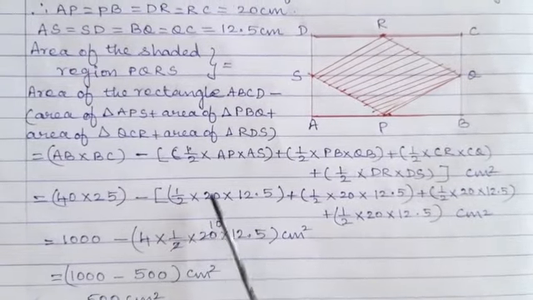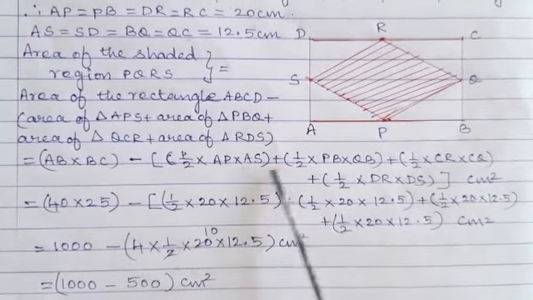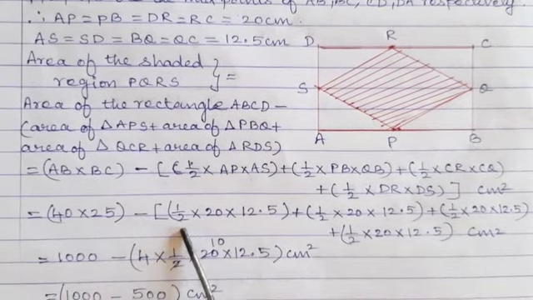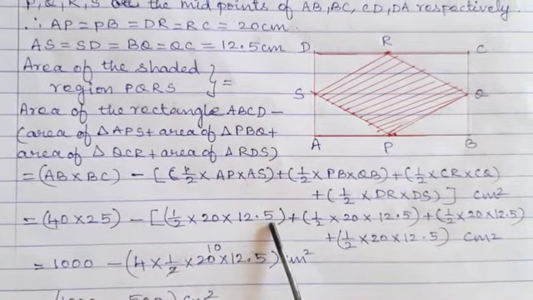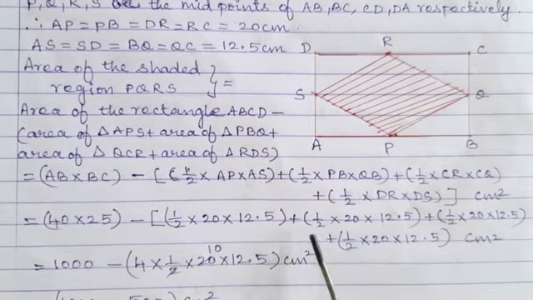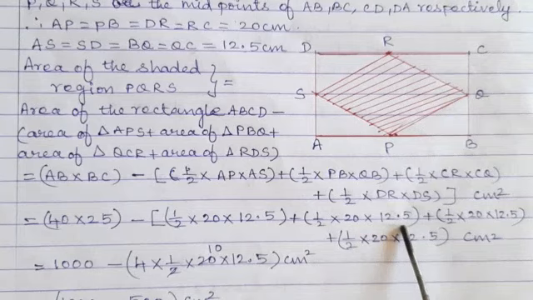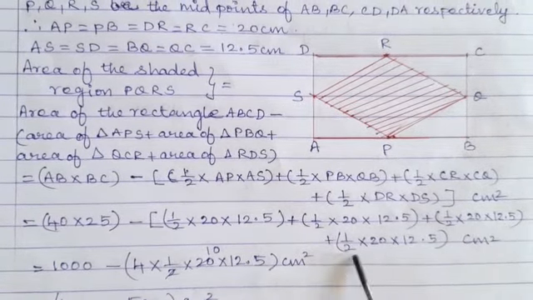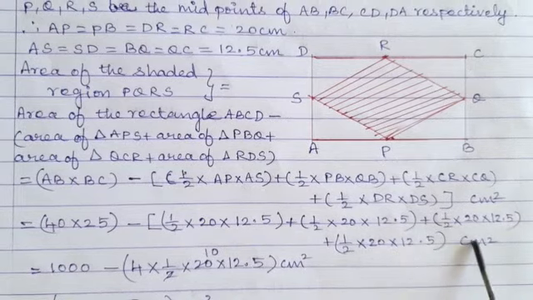Now we will apply the value of each side, that is 40 into 25 minus half into 20 into 12.5. All bases and heights are equal, so we will write it in the same way, plus half into 20 into 12.5 plus half into 20 into 12.5 plus half into 20 into 12.5 centimeter square.